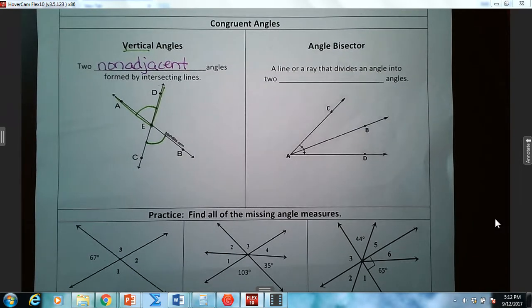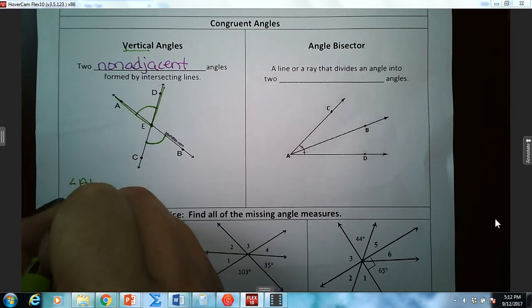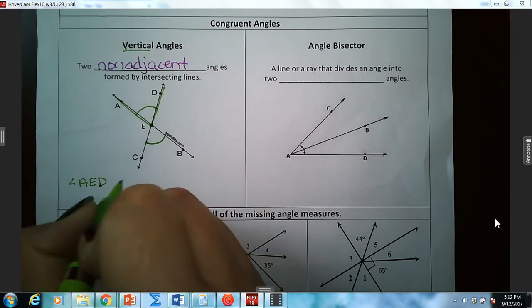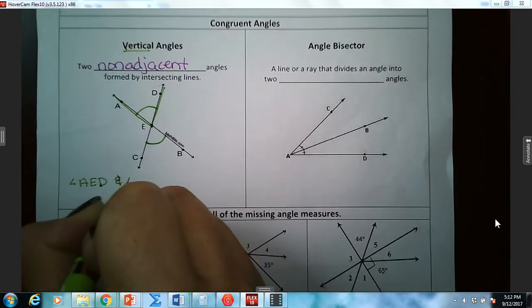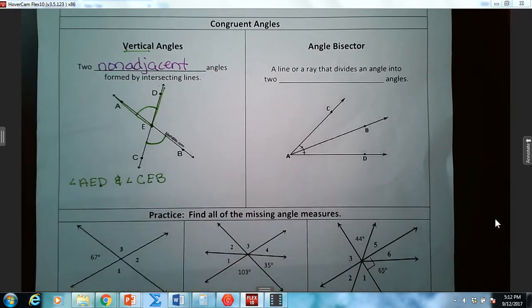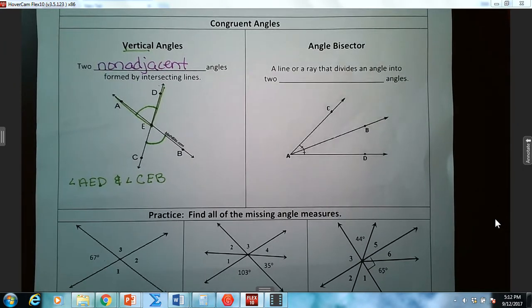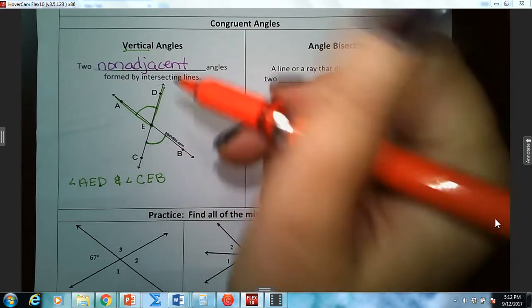This is a set of vertical angles. Angle AED and angle CEB are a vertical pair. We have another set in there too. Take a look here.